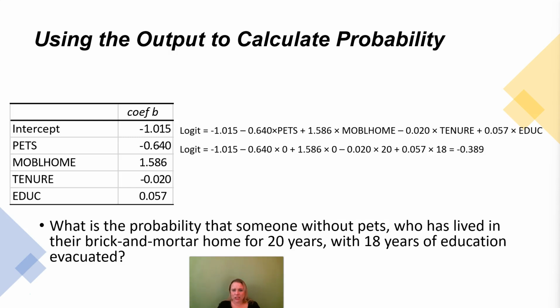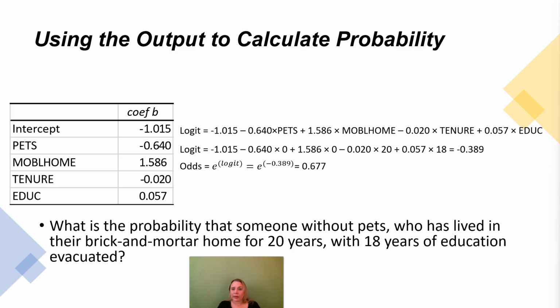When we substitute our values into our logit equation, we get logit equals negative 1.015 minus 0.640 times 0 plus 1.586 times 0 minus 0.020 times 20 plus 0.057 times 18, to get a value of negative 0.389.